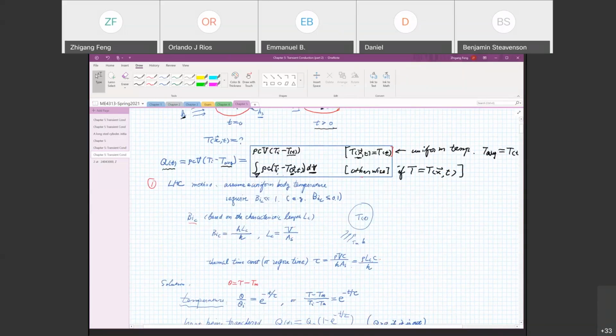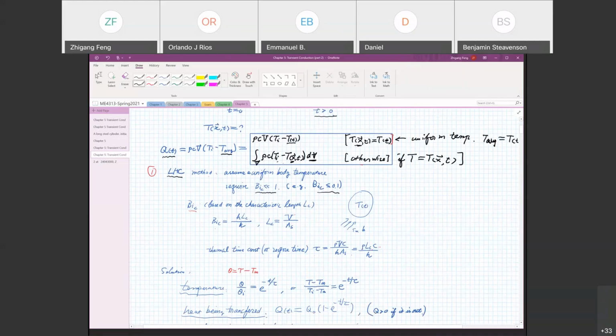And the two methods within the transient conduction. The first is the LHC or lumped heat capacitance method, and it only applies when the Biot number based on the characteristic length, Bi sub c, is less than 1, much less than 1. Ideally, we would prefer the Biot number to be less than 0.1. And the Biot number Bi sub c is defined by this formula, and this equation L sub c equal to volume over A sub s allows us to determine the characteristic length. And A sub s is called the active area. So active area means the area that involves convection.